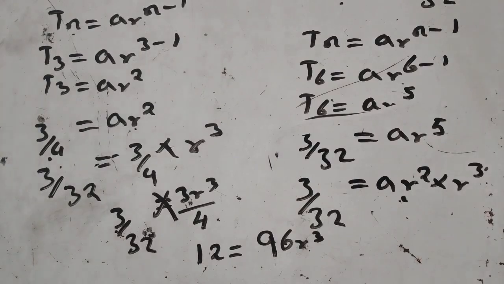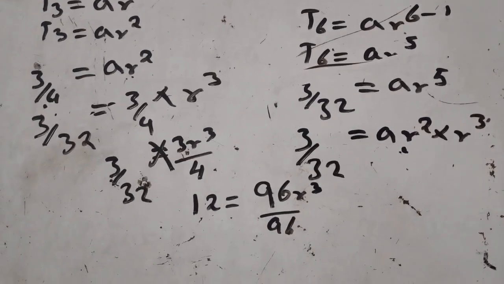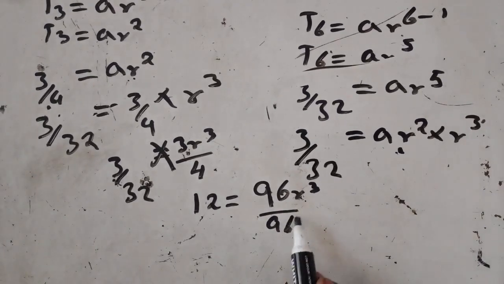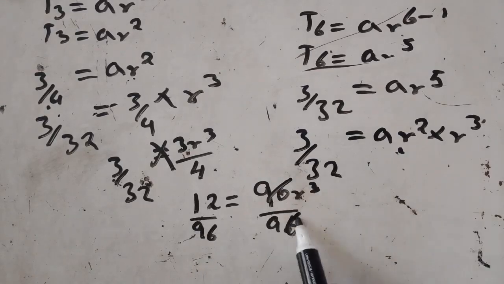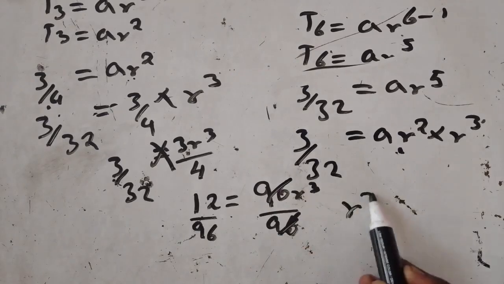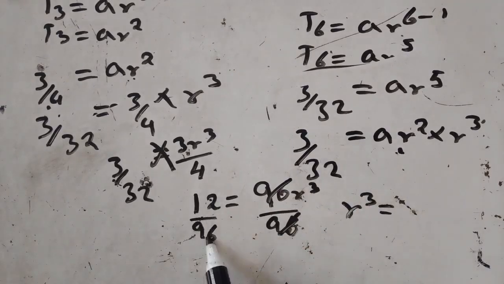We can now divide by 96 on both sides, so 96 over 96 cancels and we remain with r cubed is equal to 12 over 96. 12 goes into 12 once, and 12 goes into 96 8 times.